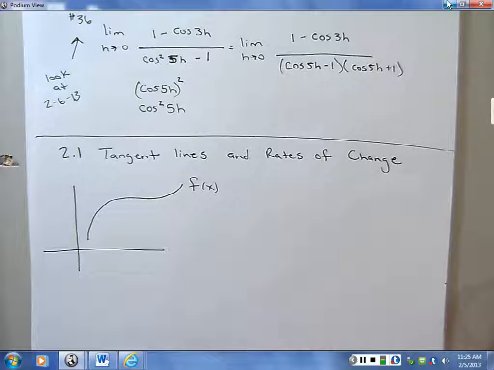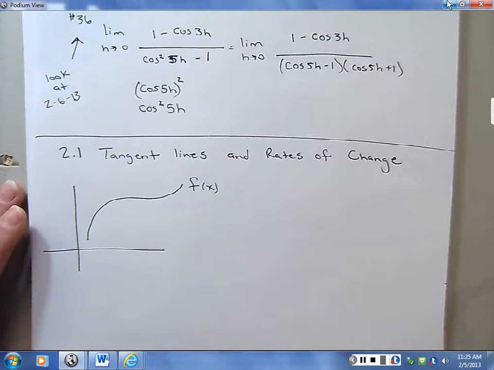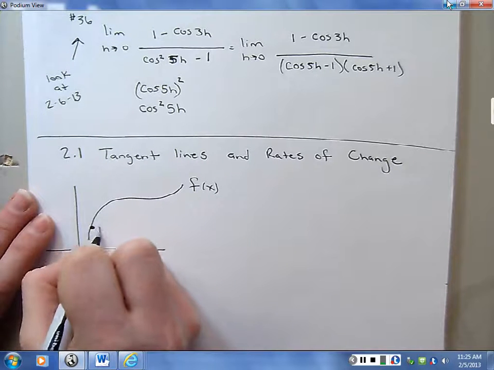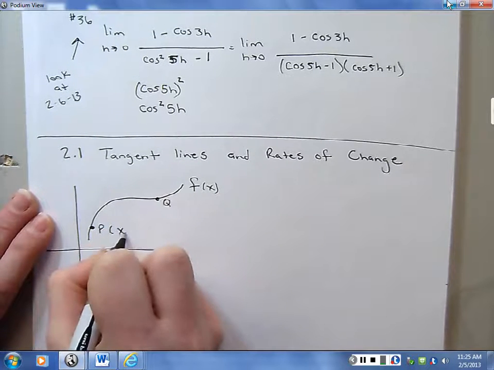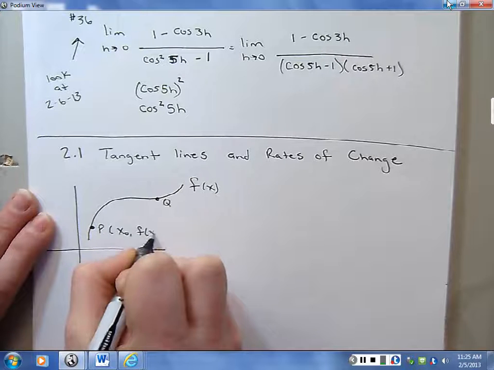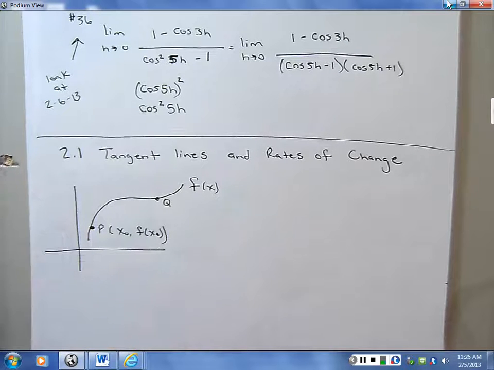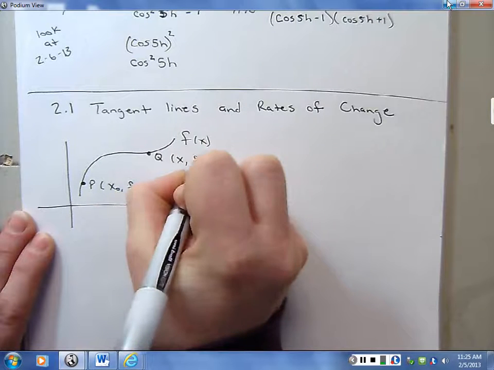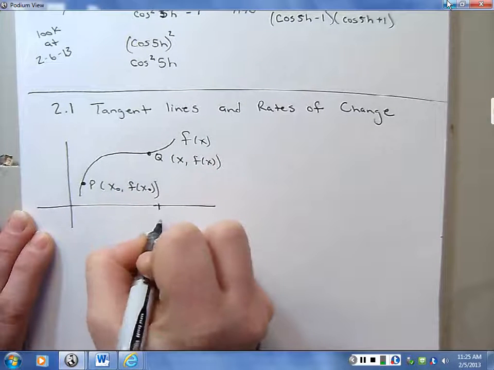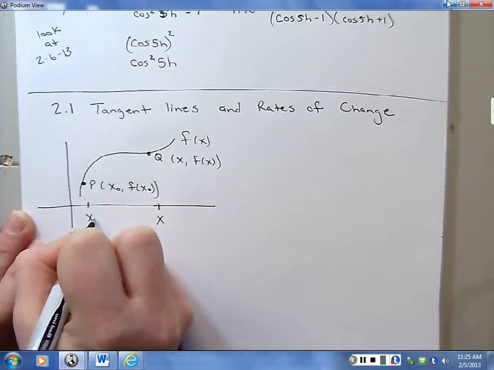In college algebra, you did find the slope between 2 points, and that was the average rate of change. So if I take these 2 points and I name them P and Q, I'm going to name P x naught comma f of x naught, and I'm going to name Q x comma f of x. So I have this point x, and I have this point x naught.